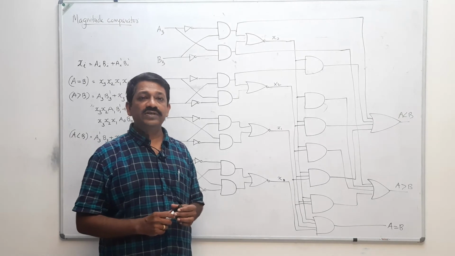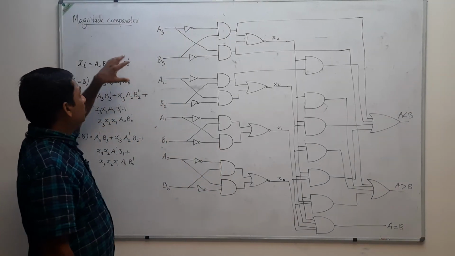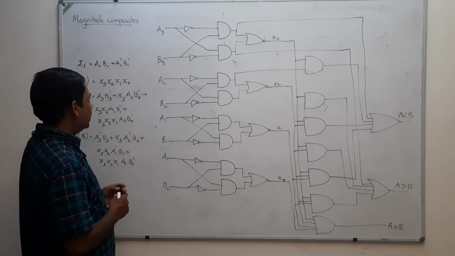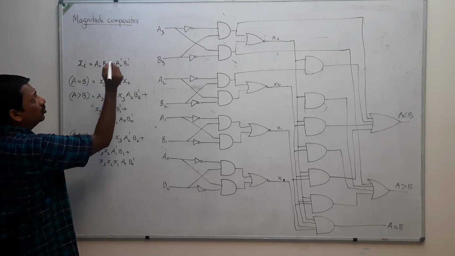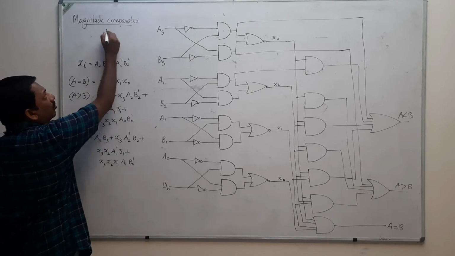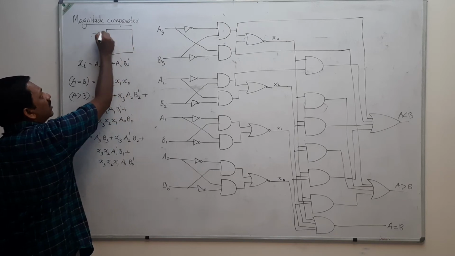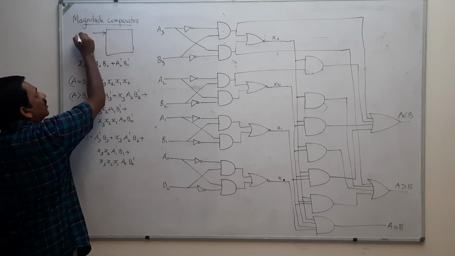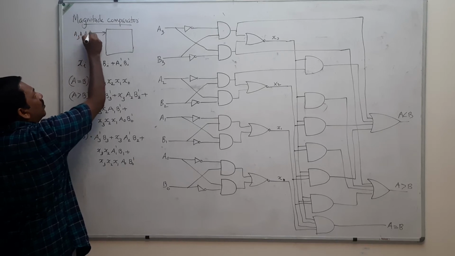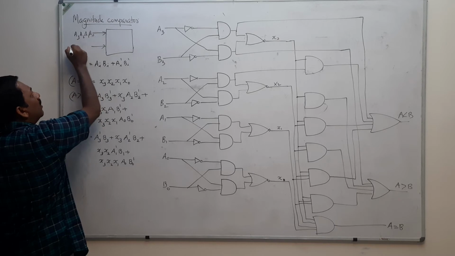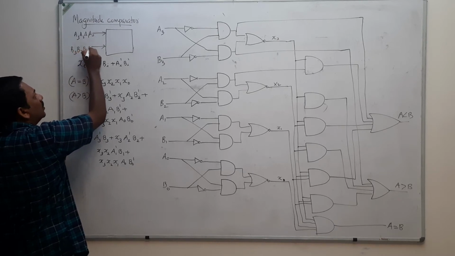Now I'm going to discuss another important combinational circuit, which is the magnitude comparator. Magnitude comparator means, suppose that you have two 4-bit numbers. Here this is A3, A2, A1, A0, and we have B3, B2, B1, B0.